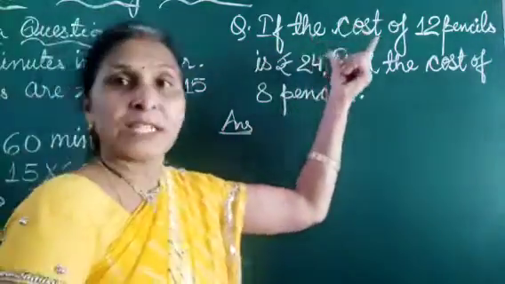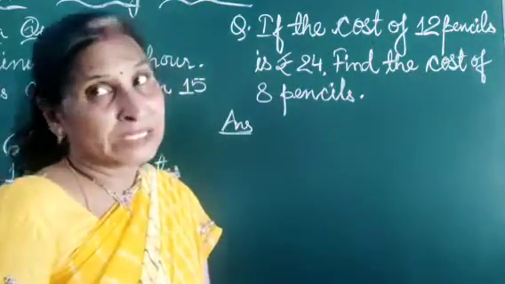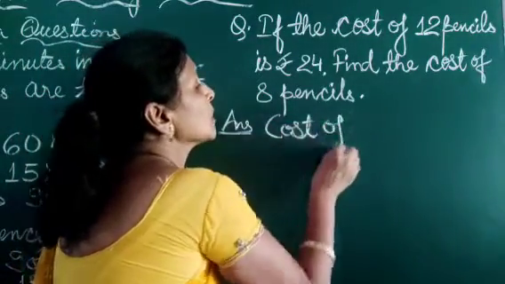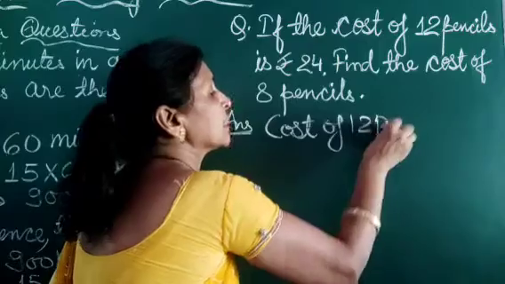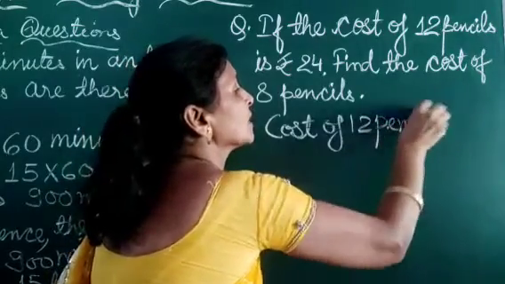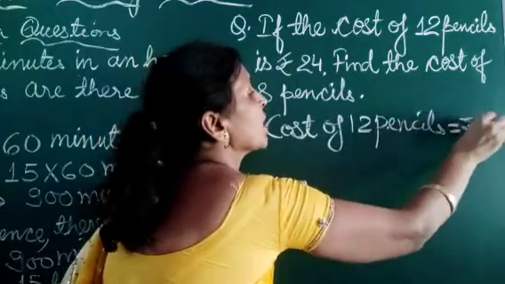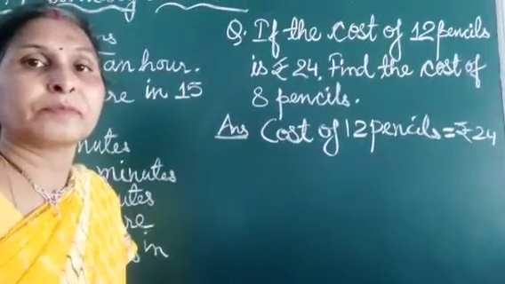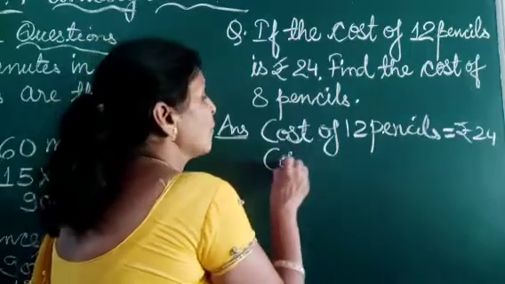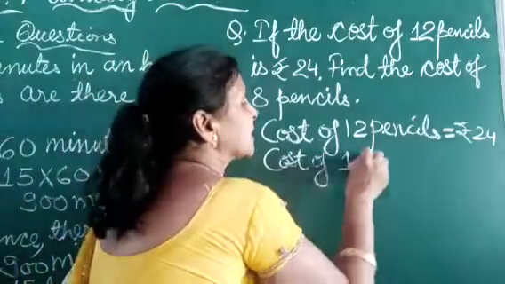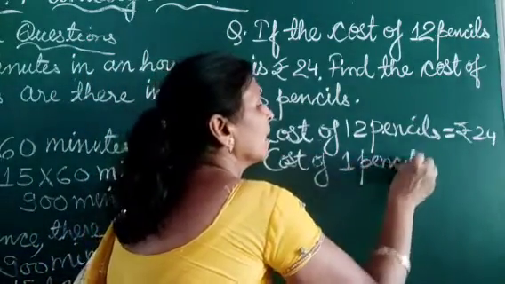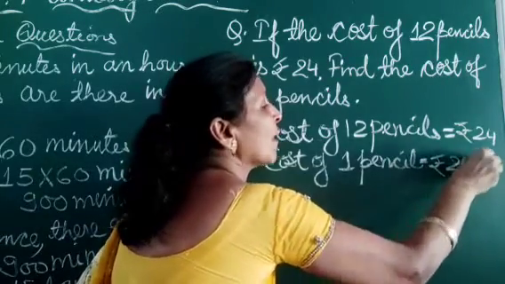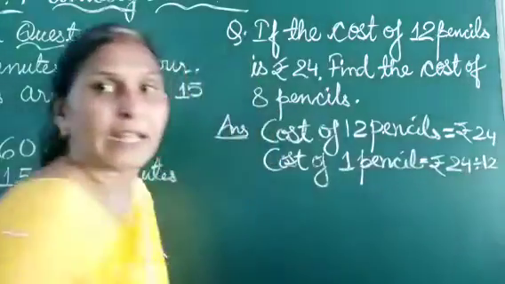So first we divide, then we multiply. We write the statement in this way. Cost of 12 pencils is equal to rupees 24. Cost of 1 pencil is equal to rupees 24 divided by 12.